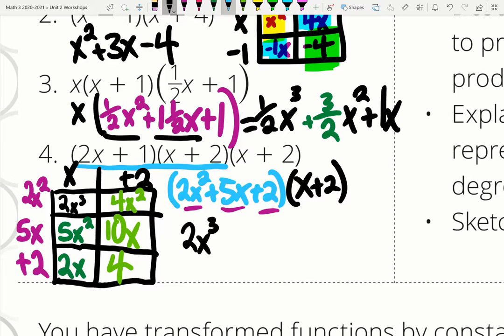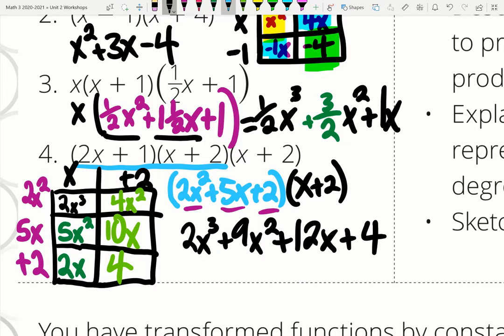Now I'm going to look. 5x squared and 4x squared is 9x squared. 2 and 10x is 12x. And then 4. So even though I had 6 terms as a result of this multiplication, it turned out to be simplified. Notice this is a degree 3 because the highest exponent is 3.